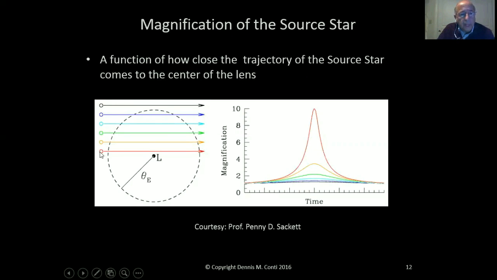In fact, if that background star passes very close to the center of the lens, there is a very large magnification of the light curve of that background star. And it's this sudden increase in magnification that clues astronomers to the fact that a microlensing event is taking place.